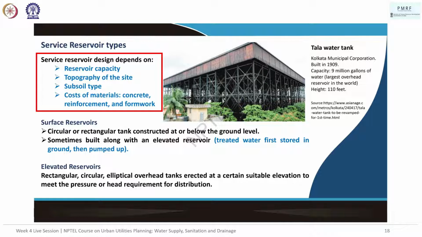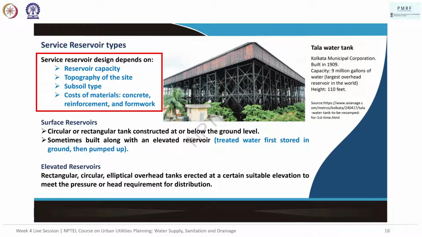The topography of the site: if the service reservoir needs to be located at a higher altitude or a lower altitude. Higher altitude is where we would expect the service reservoir to be located, because from there gravity flow can take the water to the distribution network and give it additional head. So the topography of the site becomes very important.